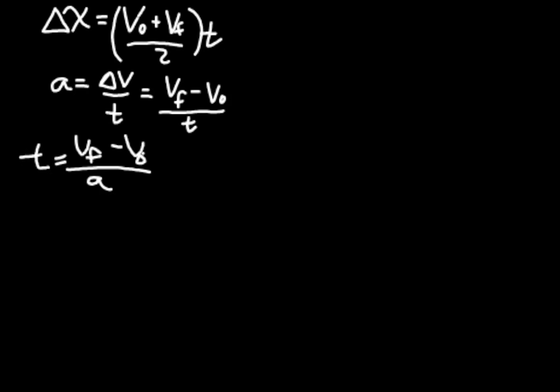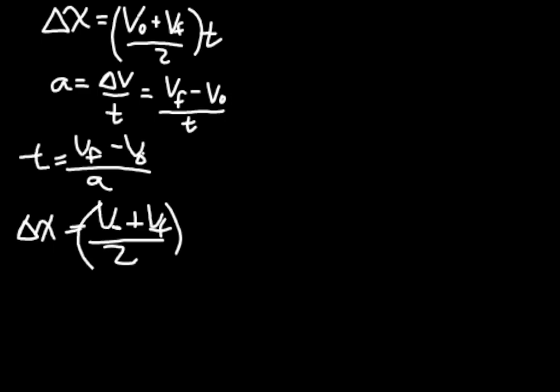So I'm going to combine those, and that gives us that change in position equals initial velocity plus final velocity, or you could say average velocity, times final velocity minus initial velocity divided by acceleration.